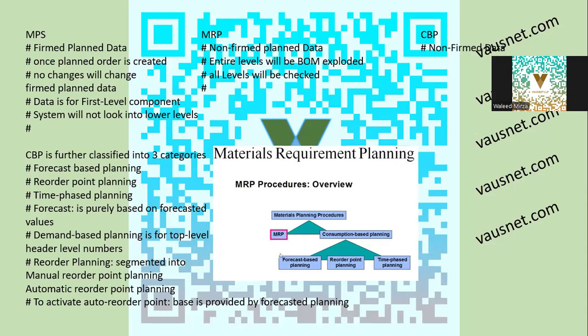Either it could be production facility or production capacity, nothing will change because it is high value. The data that we have for MPS is first level component, whereas in MRP, it is exploded at all levels. The BOM is exploded at all levels. The system does not look for lower levels in MPS, but in MRP, all levels of the BOM are checked. Okay.